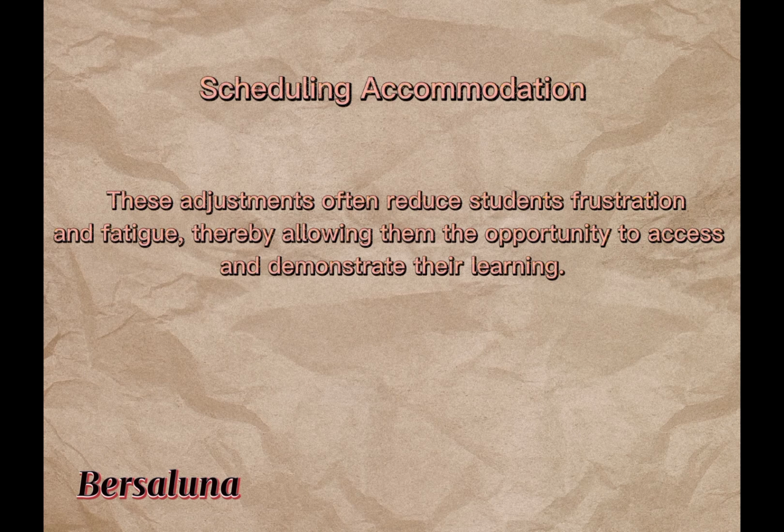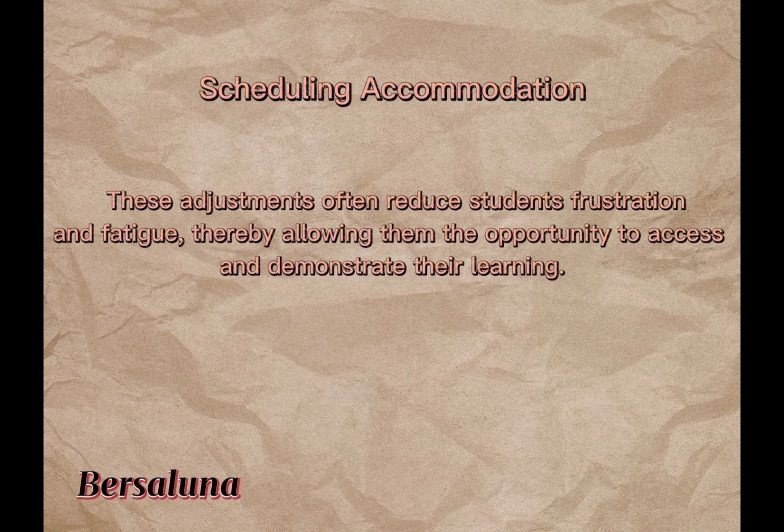These changes can include giving a student more time to complete a test or assignment, breaking a long assignment into smaller pieces or chunks, and allowing students to receive instruction or take a test during a particular time of day. These adjustments often reduce students' frustration and fatigue, thereby allowing them the opportunity to access and demonstrate their learning.